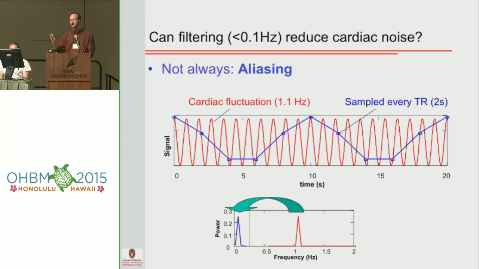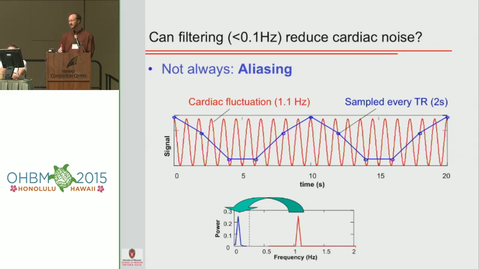So what's happened is that the high-frequency cardiac fluctuations, by sampling at a very low rate, have been aliased into the low-frequency band. So if I simply get rid of all of the high-frequency information, say above 0.1 hertz, indicated by that dotted line there, I'm still left with all of the cardiac fluctuations in there. Unless you're sampling fast enough, just cutting off the high frequencies doesn't really help.